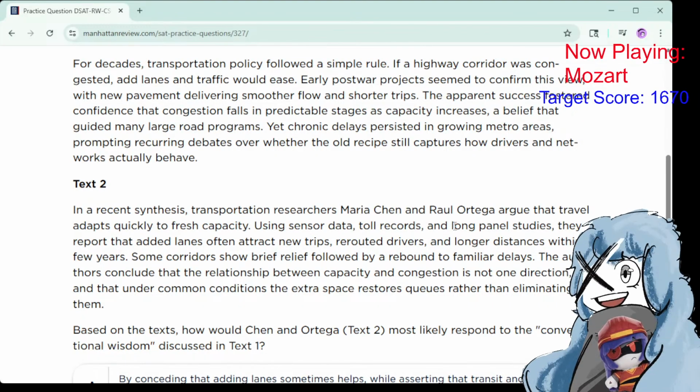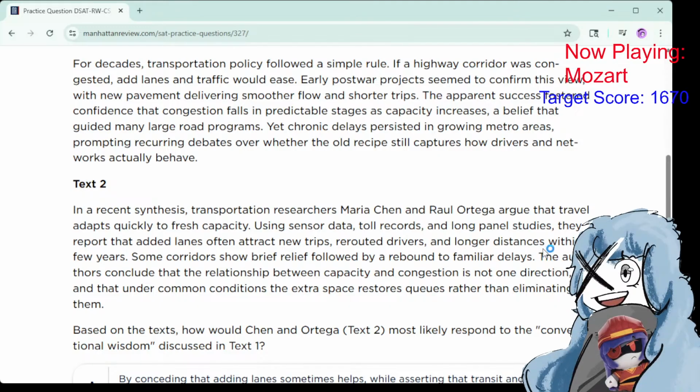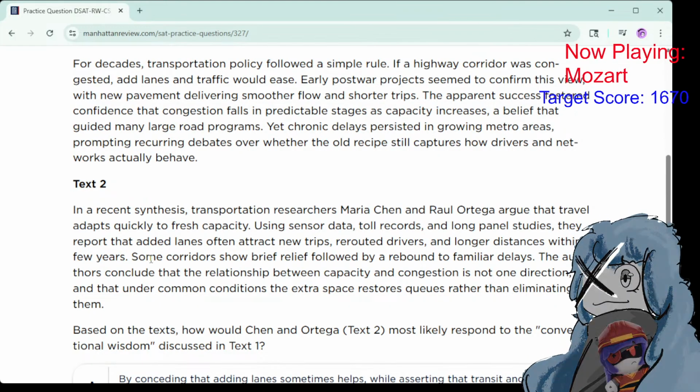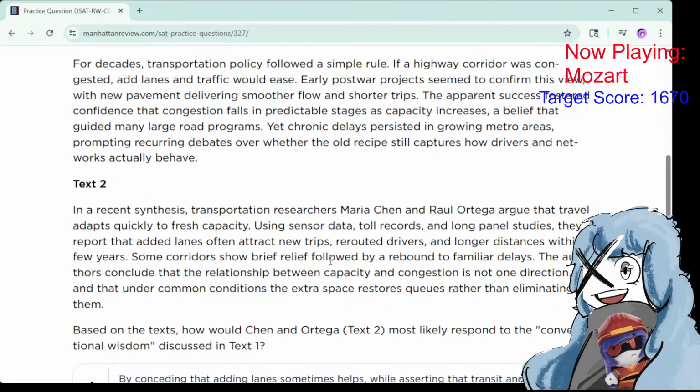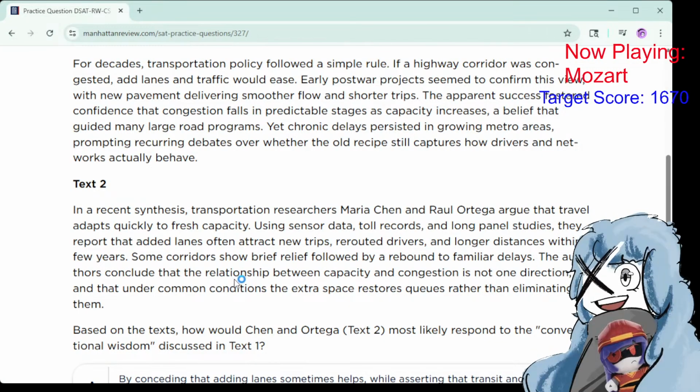Using sensor data, toll records, and long panels, they report that added lanes often attract new trips, rerouted drivers, and longer distances within a few years. Some corridors show brief relief followed by a return of familiar delays. The authors conclude that the relationship between capacity and congestion is not one direction, and that under common conditions, the extra space restores queues rather than eliminating them.